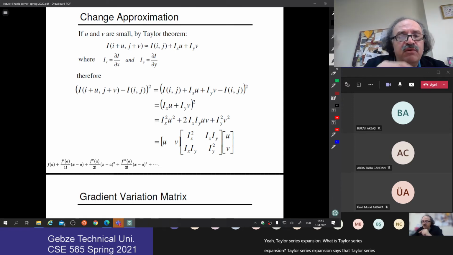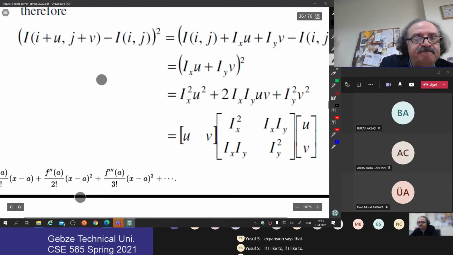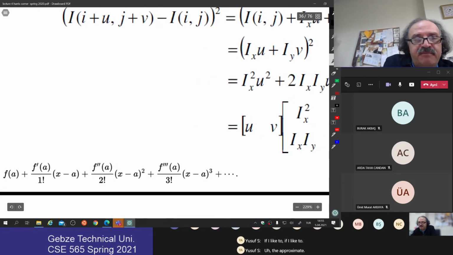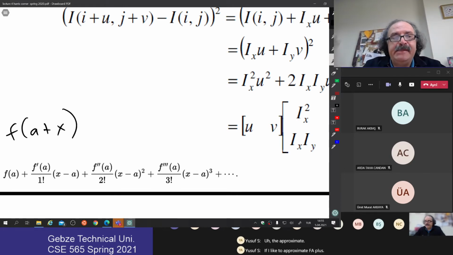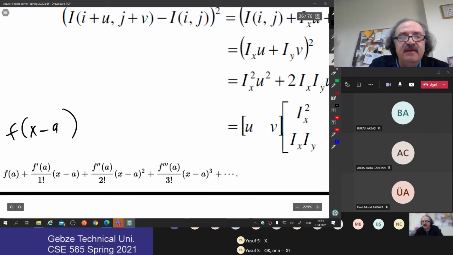If I would like to approximate f(a + x), or f(x) around a, you can use this formula.